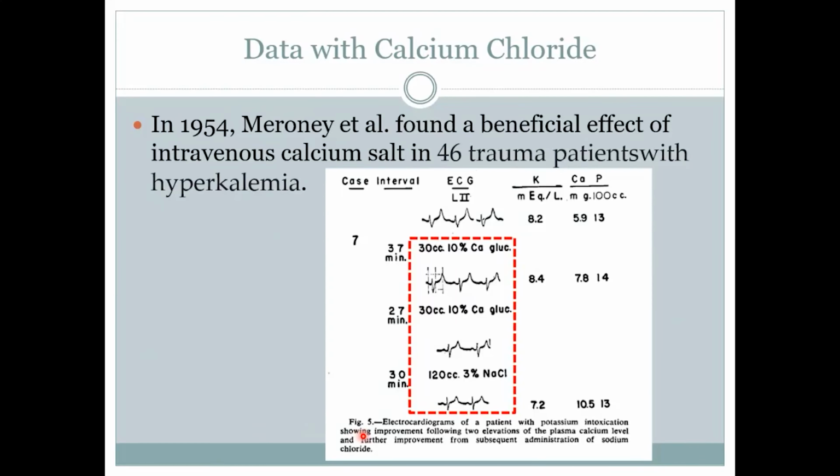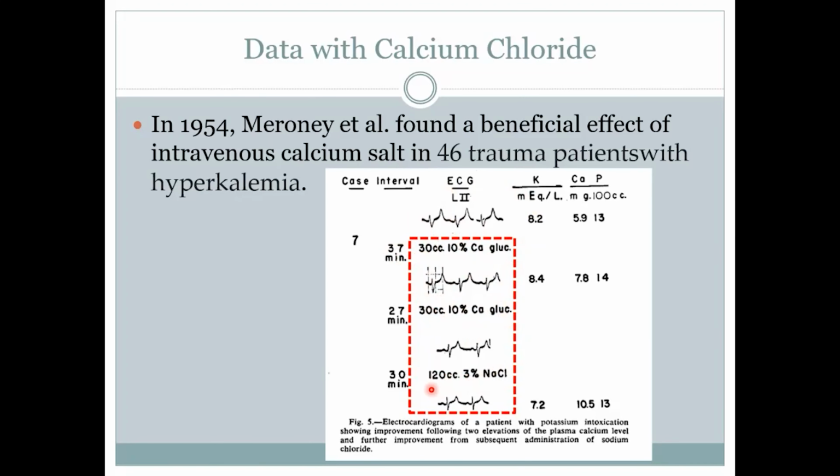And as we can see here, this is the initial very wide QRS. After about 37 minutes with close to 3 grams of calcium gluconate, you start to see improvements in that EKG compared to the baseline. Another patient didn't show a much improved EKG as far as closing of that QRS interval.